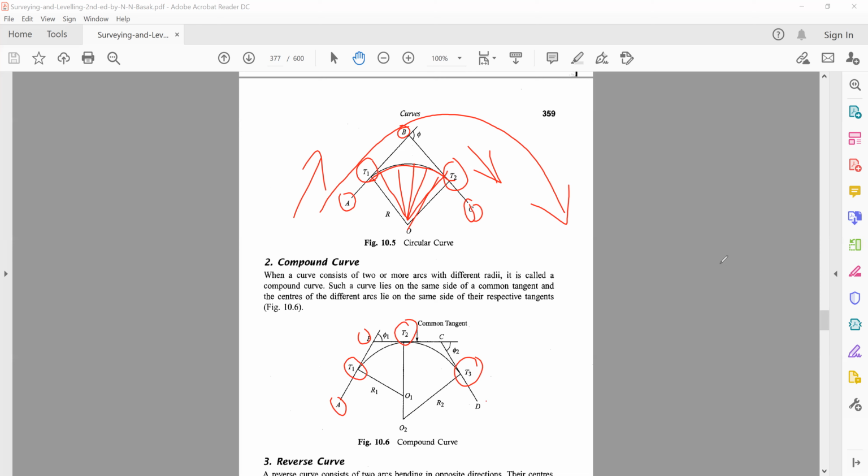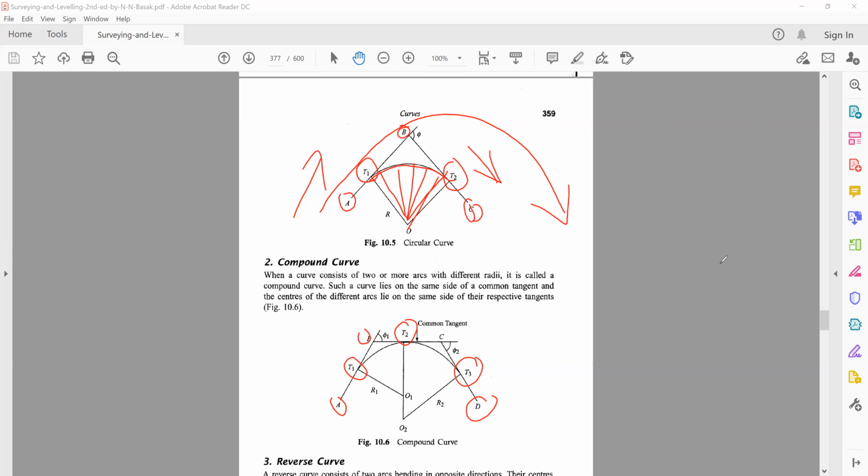And after that, from point T3 onwards, you travel in a straight line. So from the point A to T1, you're traveling in a straight line. From T1 to T2, you're traveling on a curve which has one radius. From point T2 to T3, you're traveling on a curve which has a different radius. And afterwards, you're traveling again in a straight line.